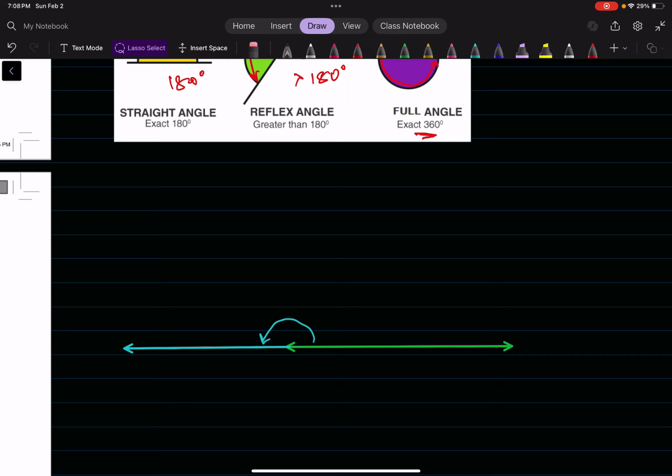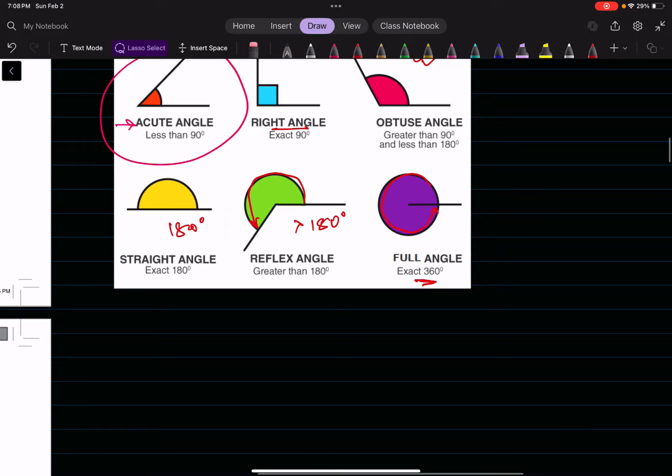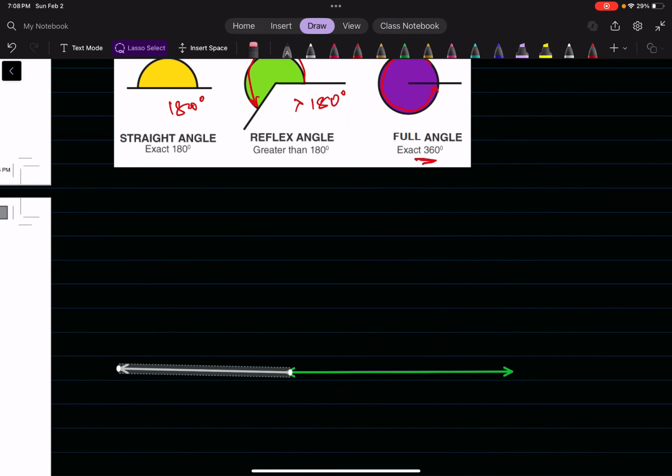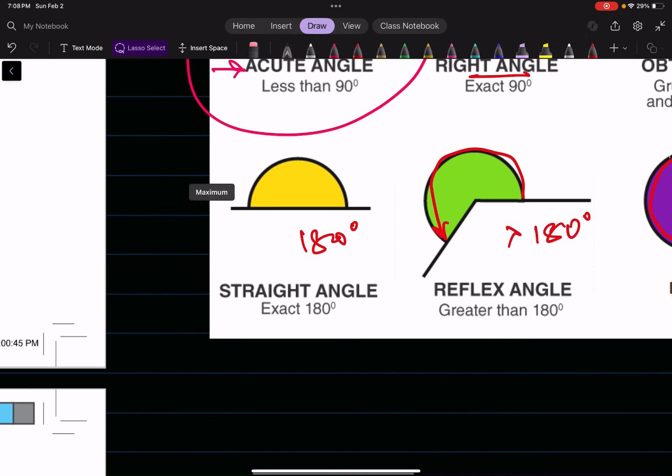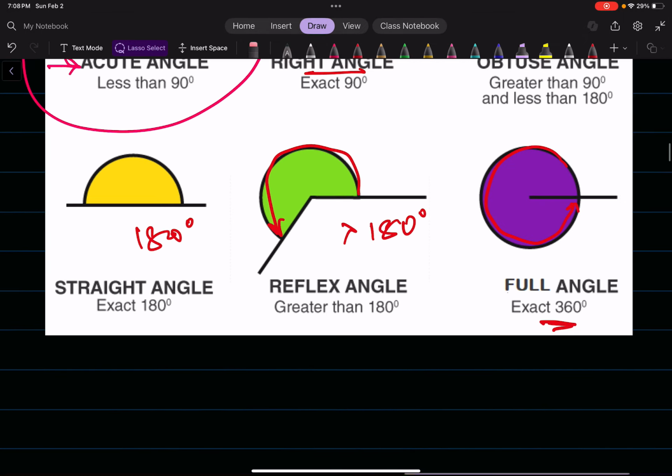Whenever the angle between both the lines is in the range of 90 degrees and 180 degrees, it is said to be an obtuse angle. When it is at exactly 180 degrees, just like the example right here, it's a straight angle.